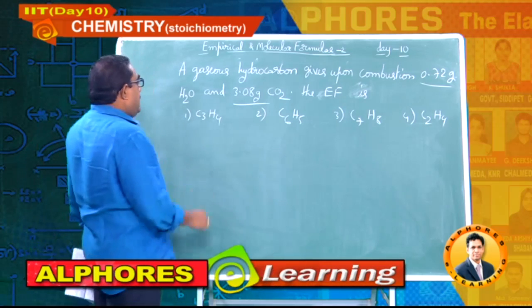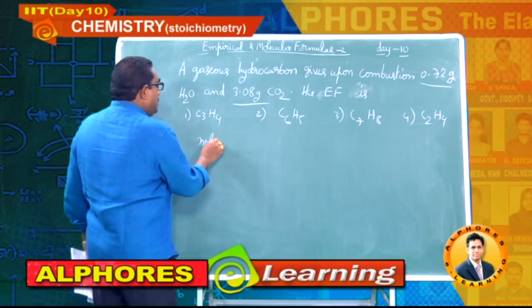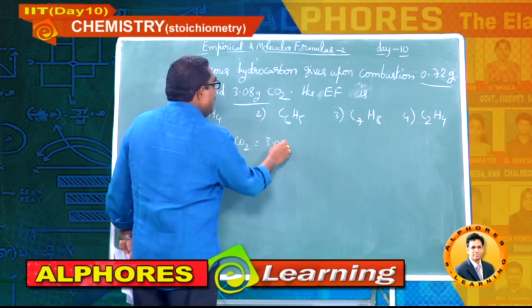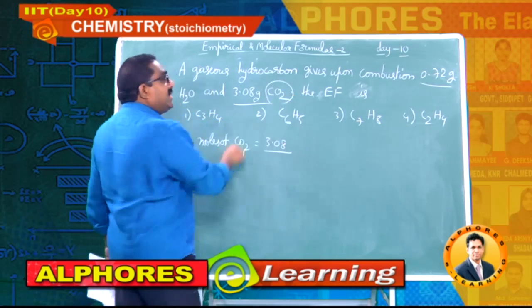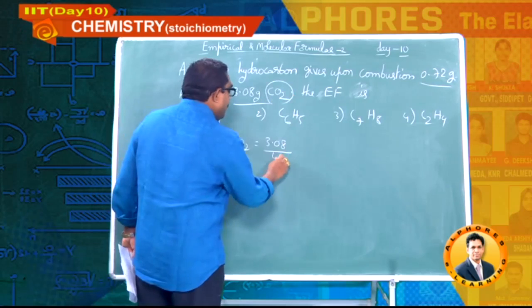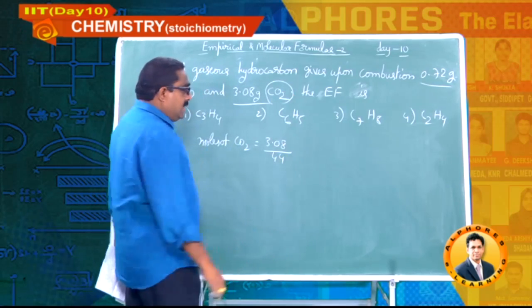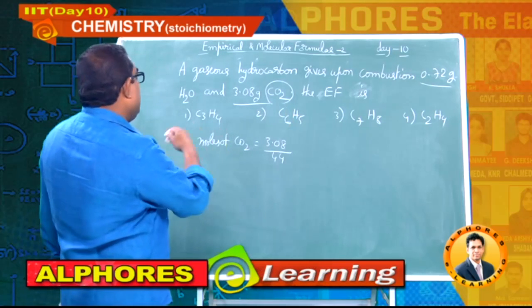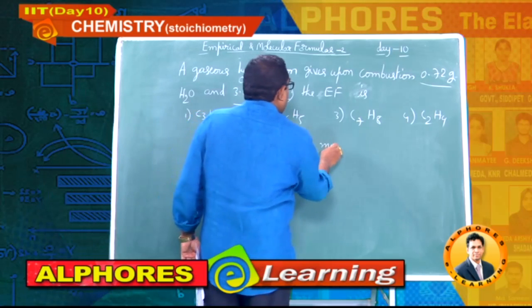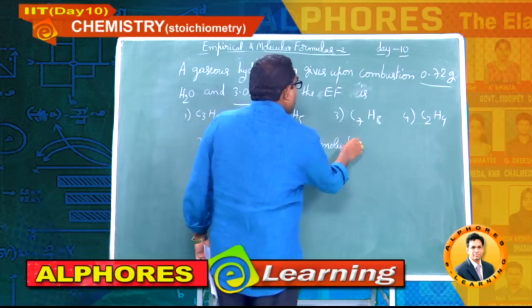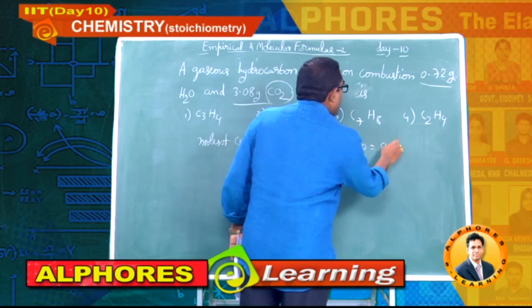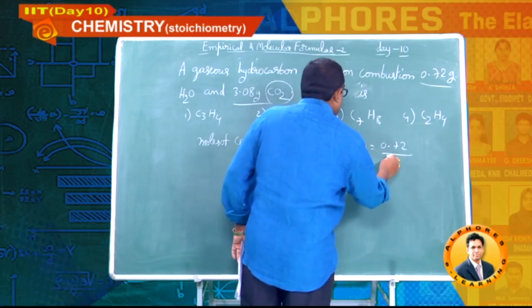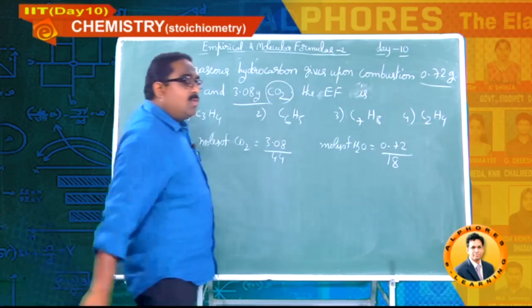Let me calculate moles of CO2: 3.08, the molar mass of carbon dioxide is 44. Next, moles of H2O: 0.72 divided by molar mass of H2O, 18.